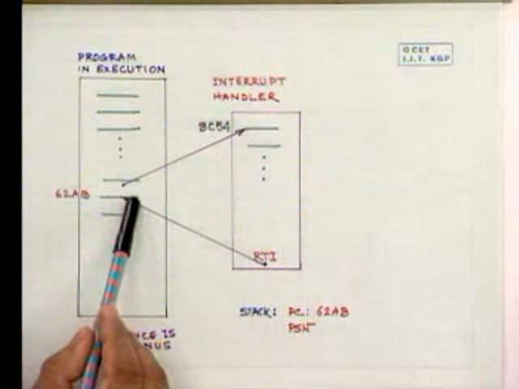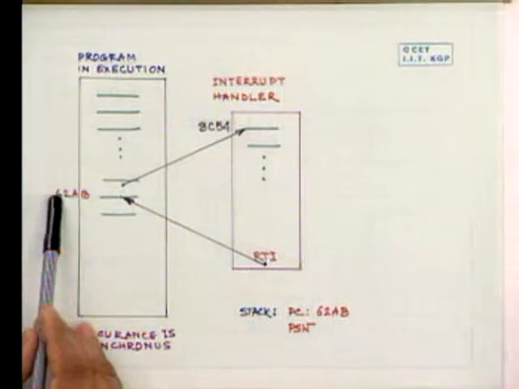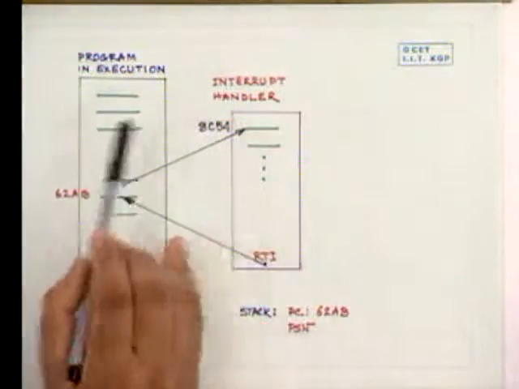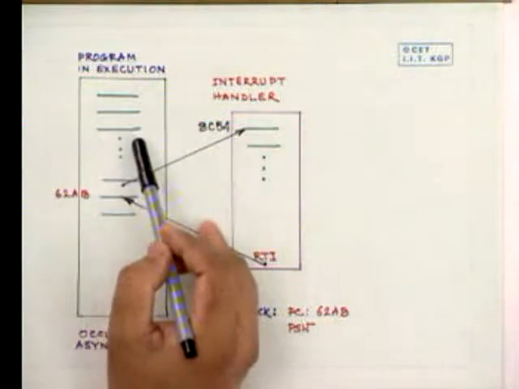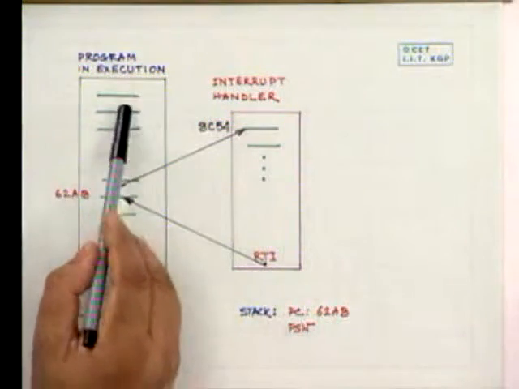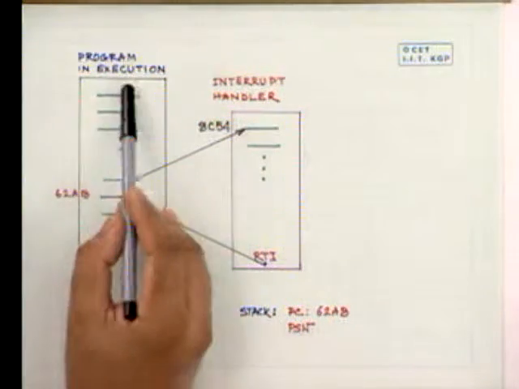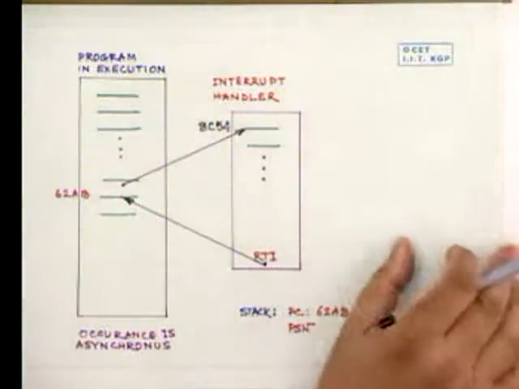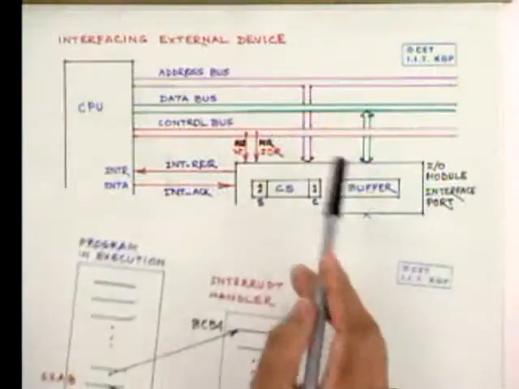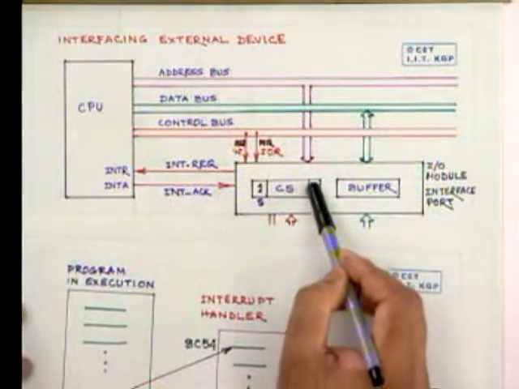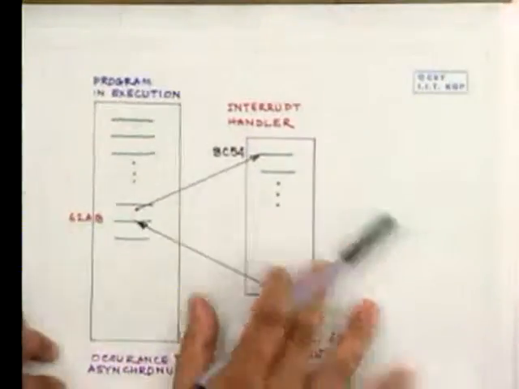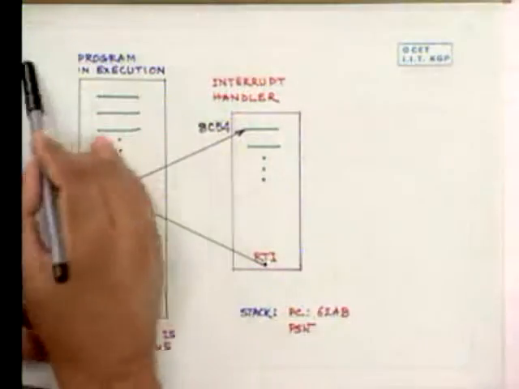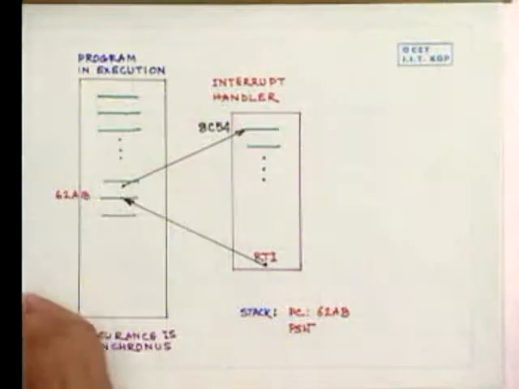Say the next executable instruction here is at the location 62AB. Let me repeat that: somewhere before this program execution, that device was told to read. That means this control and status bit was made 1 somewhere outside this program, and the CPU has come back and started executing this program.